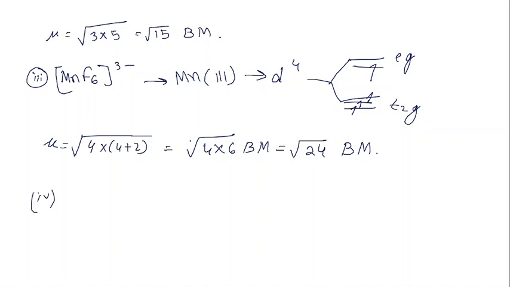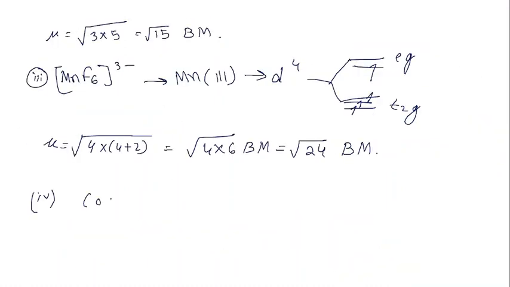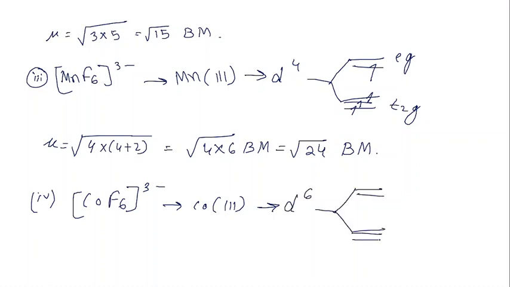Now for the next complex we will calculate. Please do it with me. Hexafluoro cobalt 3 minus, cobalt 3. It's having 6 electrons. Now we will fill it in the T2G set and EG set according to Pauli's principle, and it's a high spin complex.